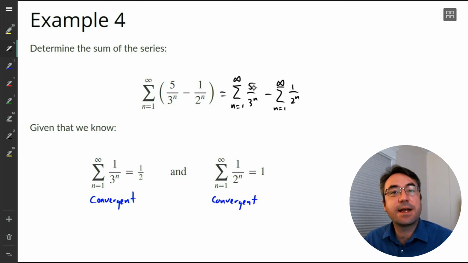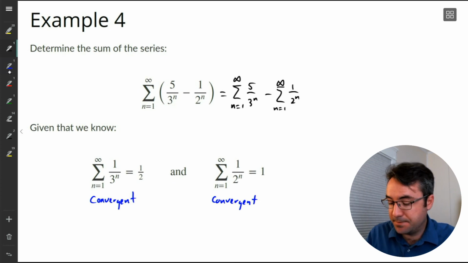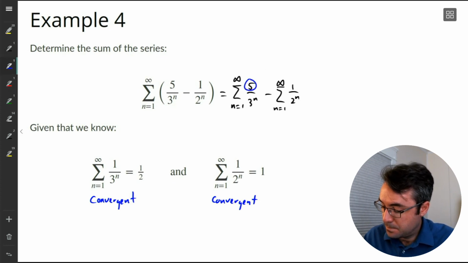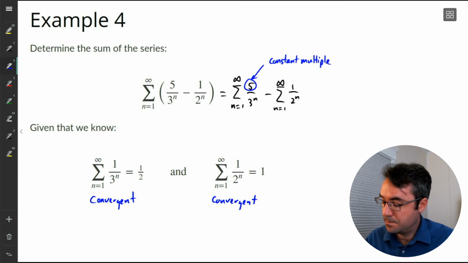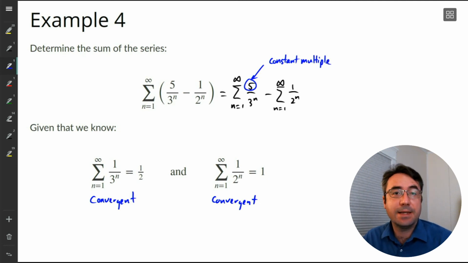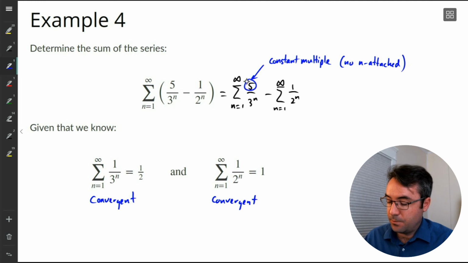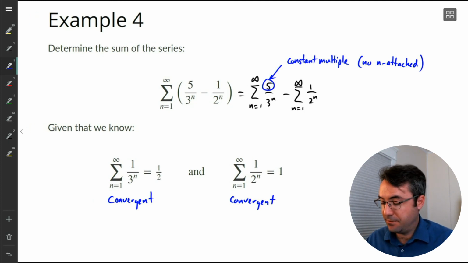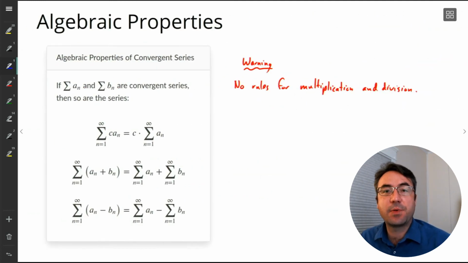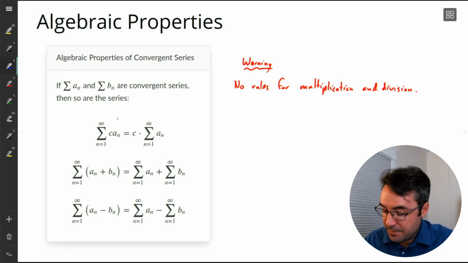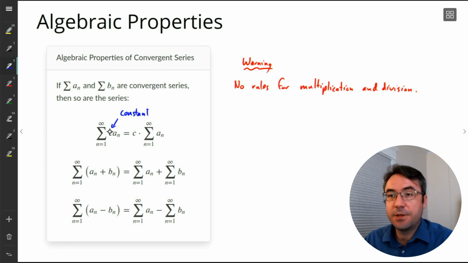And that 5 there is a constant multiple. There's no n attached. So what we know with constant multiples, if we go back to our list of properties here, is that we can take that constant multiple, that's c, and essentially factor it out.